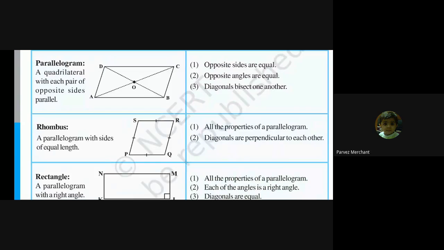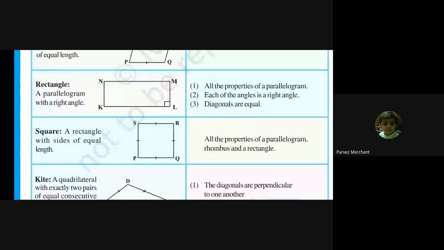Now rectangle. A rectangle is also one type of parallelogram, because opposite sides are equal, opposite angles are equal, and diagonals bisect each other. So it has all the properties of a parallelogram, and then each of the angles is a right angle.